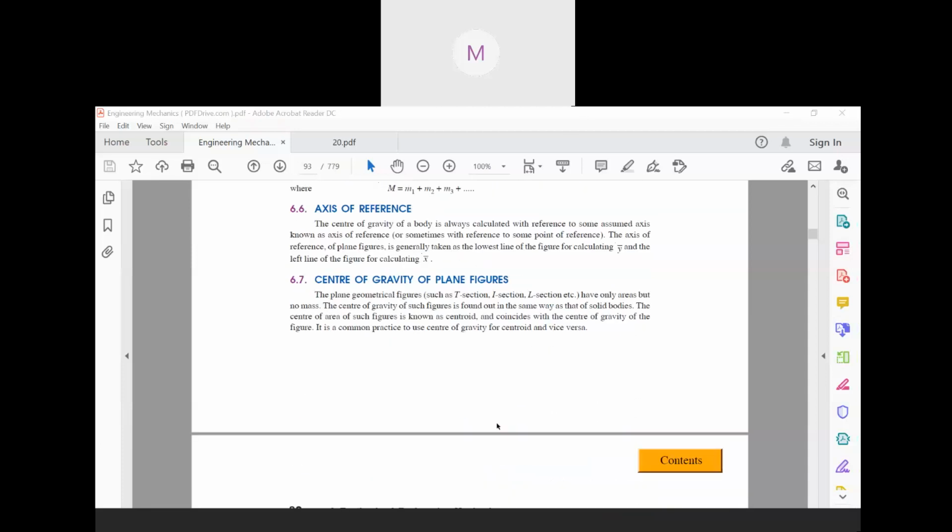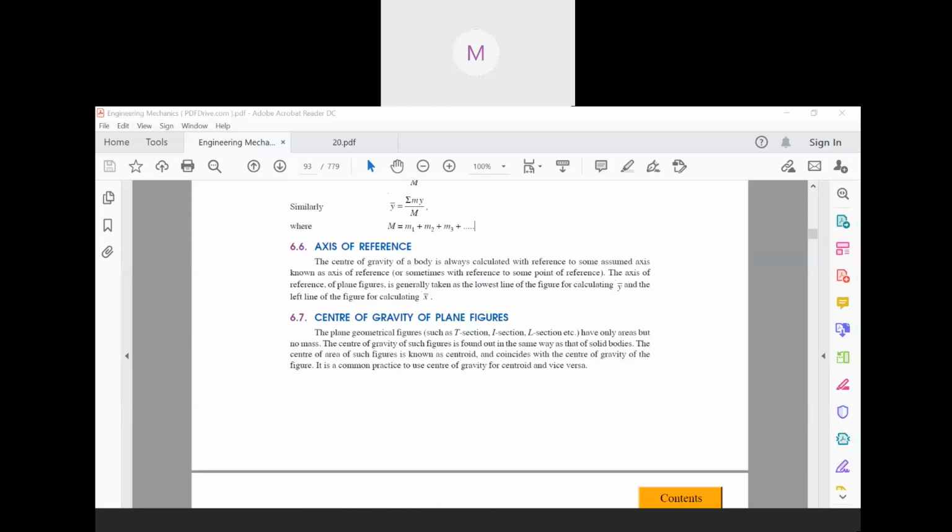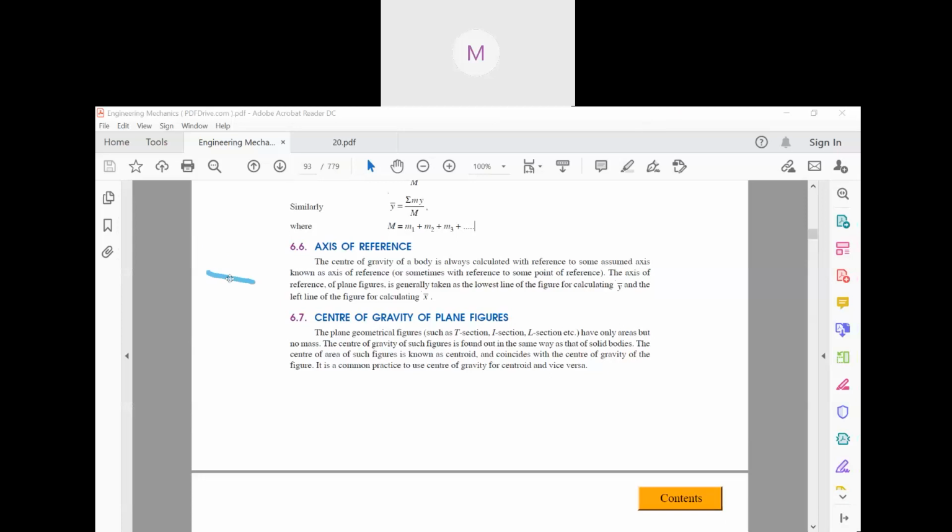Now if you see center of gravity of plane figures, we have to find out first of all the center of gravity of plane figures. Plane figures means what? T section, I section. T section means just a simple T like this, or maybe I. So you have to find out the center of gravity of all these.